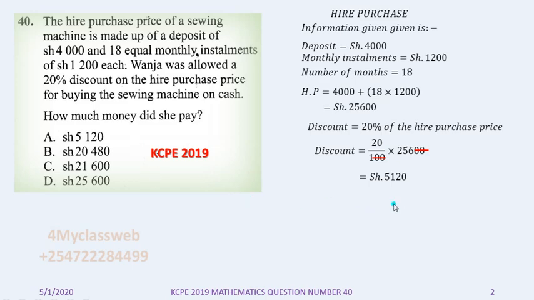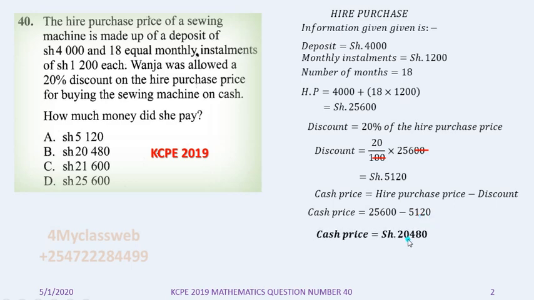Because we are supposed now to take that higher purchase price, we subtract the discount so that we get the cash price. And therefore the cash price will be, you take that higher purchase price minus that discount, which will now be 25,600, you subtract 5,120.